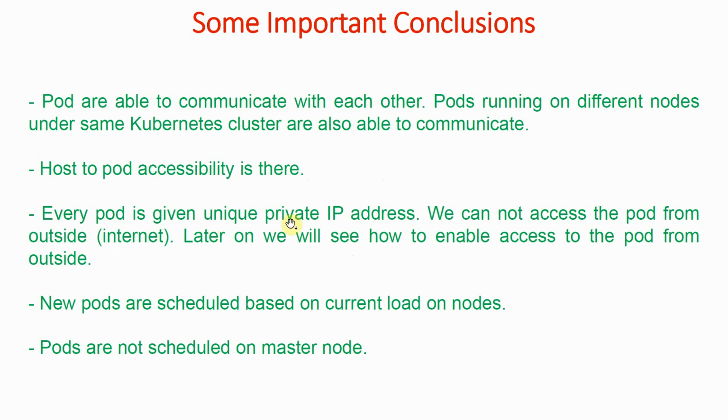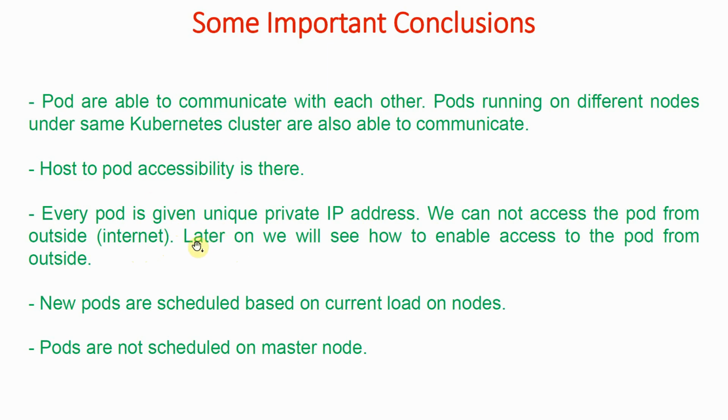Every pod is given a unique private address. We cannot access the pod from the outside, that we have also seen. Later on we will see how to enable access to the pod from the outside, because in the end if we are launching the pod, we want that people from outside should be able to access.